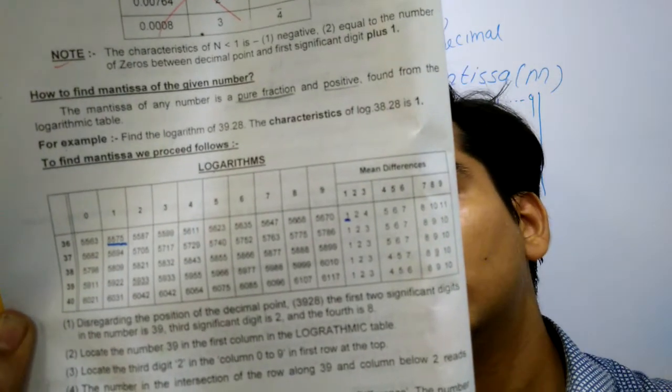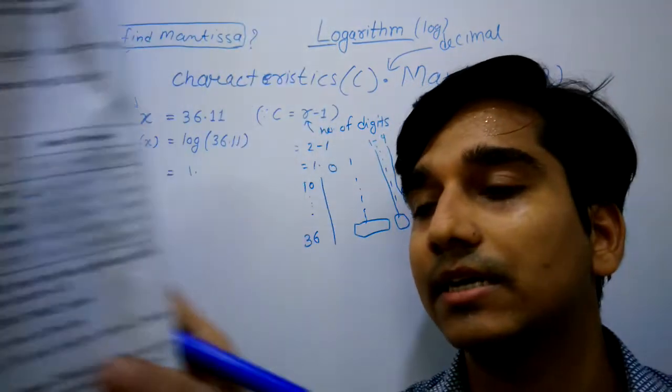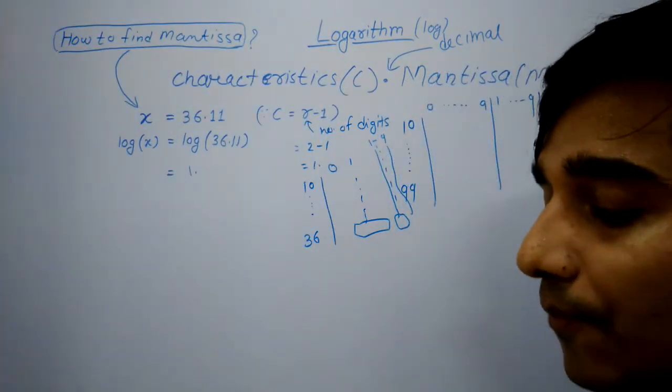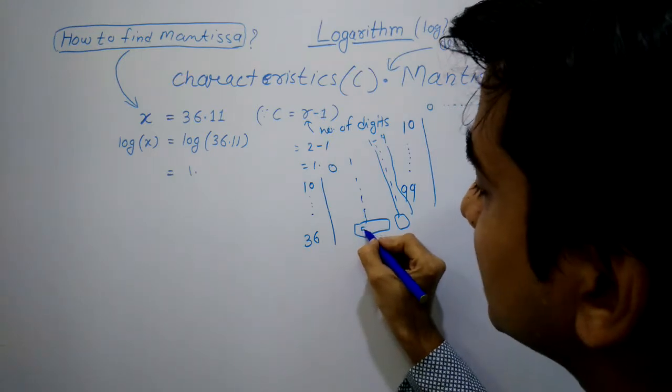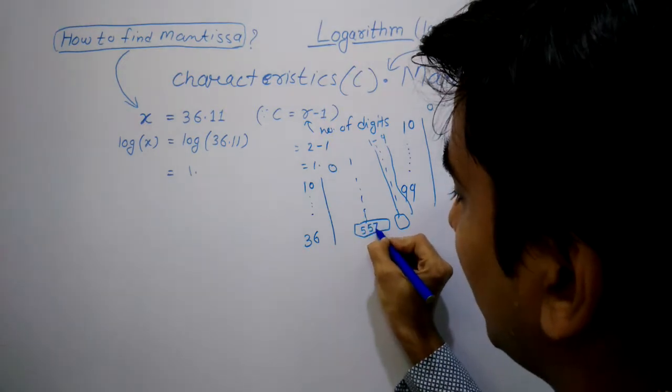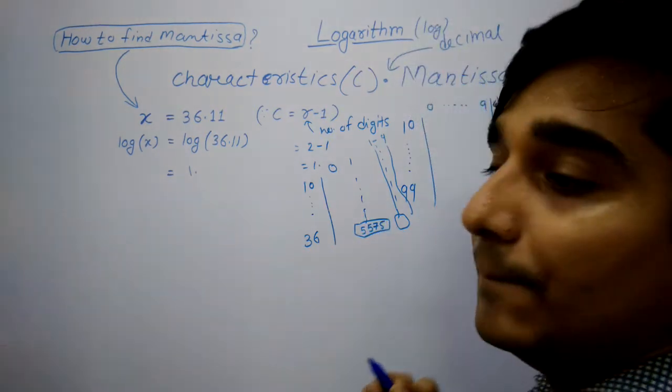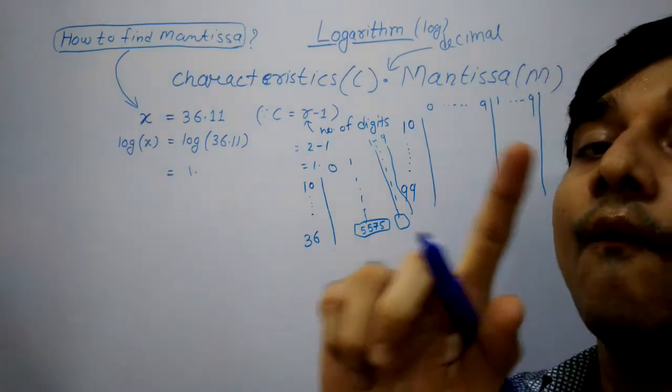I can write down that 36 under 1 is 5575, so my answer is 5575. And for the mean difference part, the number is 1.